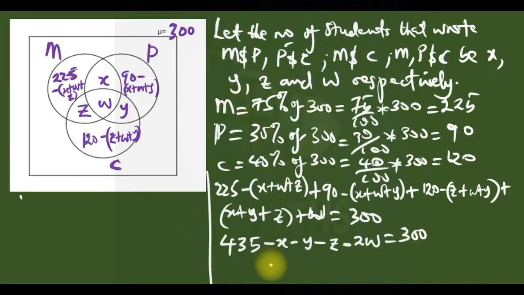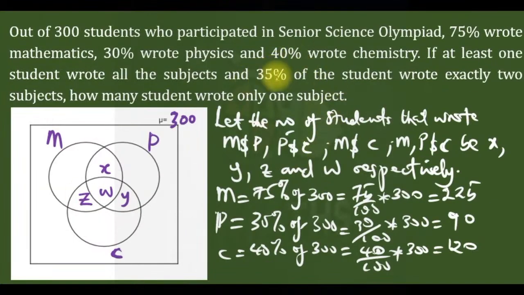So what do you have to do? I can factor this as X plus Y plus Z minus 2W is equal to 300. Okay, but from the question they said that 35% of the students wrote exactly 2 subjects.